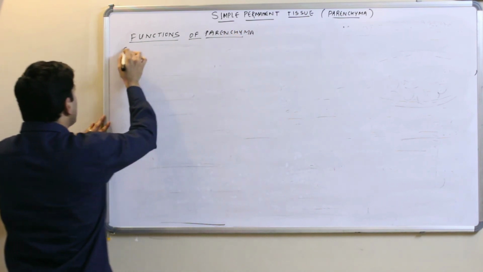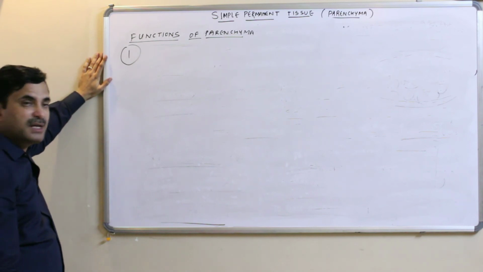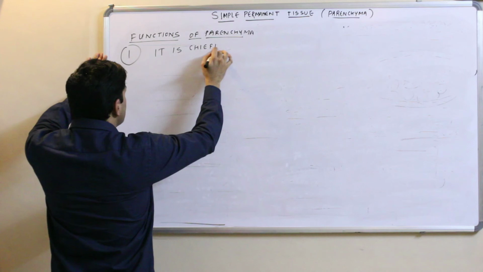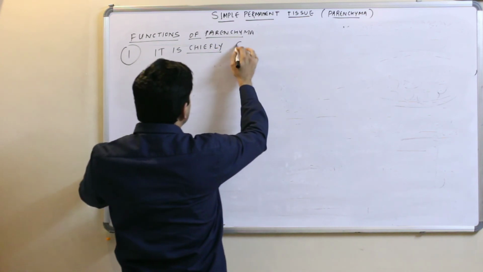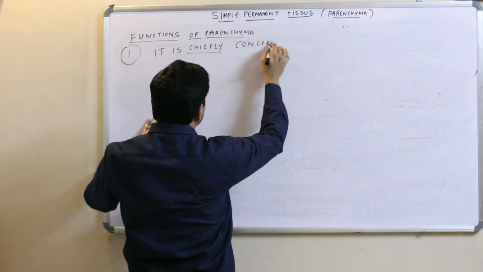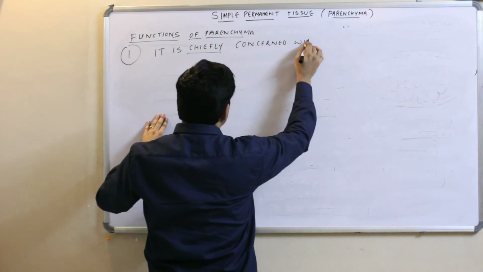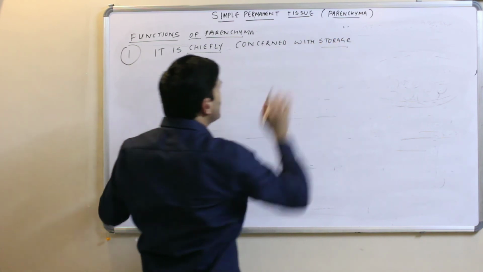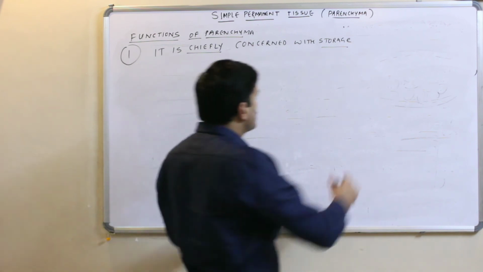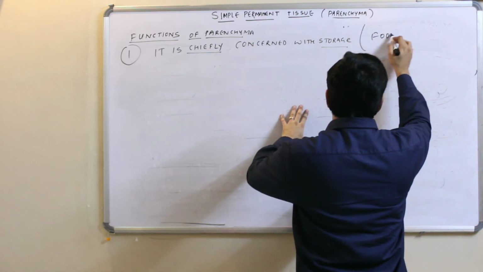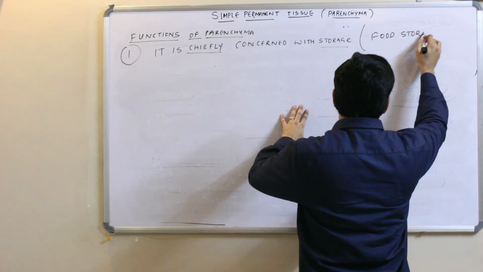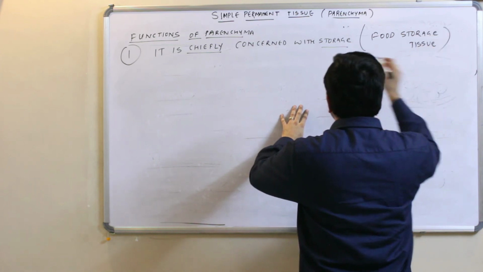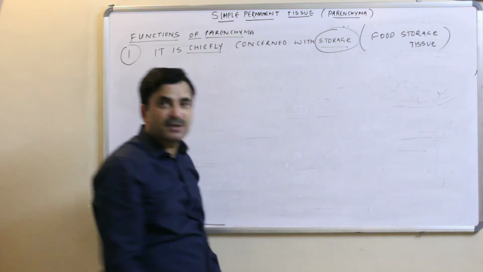First function is that parenchyma is chiefly concerned with storage. It can be called a food storage tissue. So prime function is that it is concerned with storage.